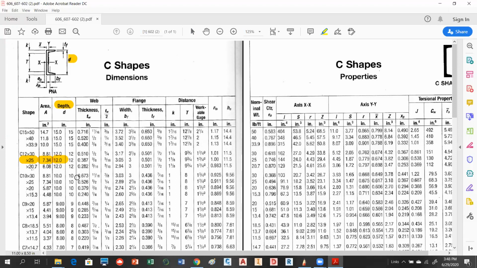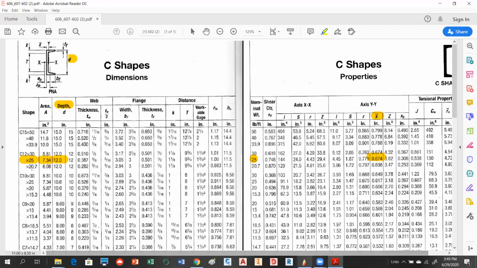Notice on the channel, the 12 is referencing 12 in this case, and it's exact, which is not always true in an I-beam. So they change a little. The other thing we said that we would need for the 25 is coming over here to the y-axis for the x-bar. So we need that x-bar value, the 0.674. So I believe that's everything we're going to need.